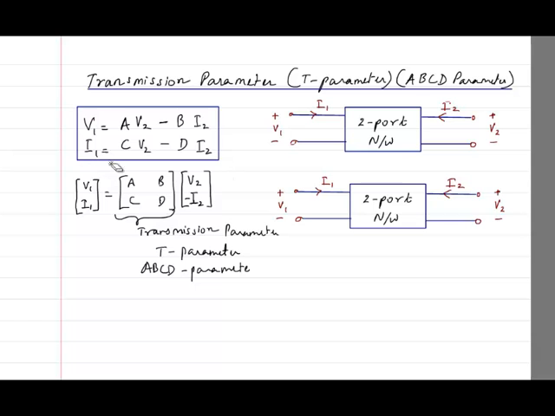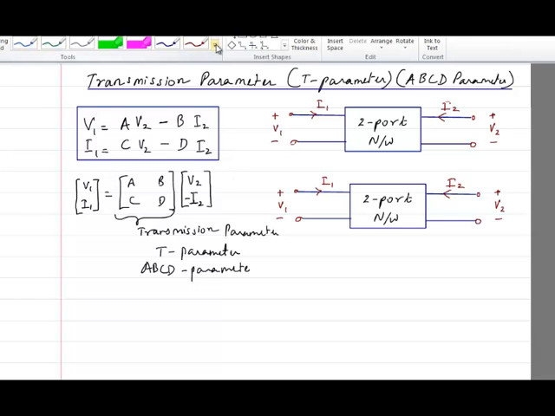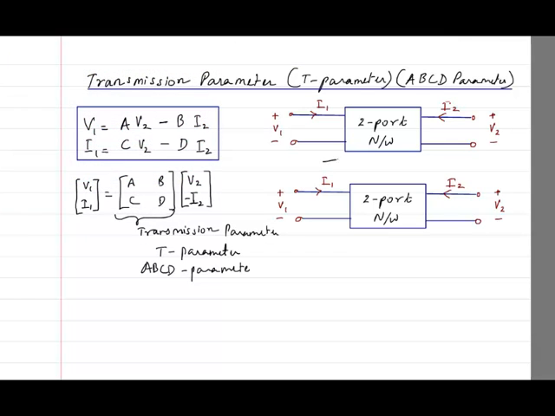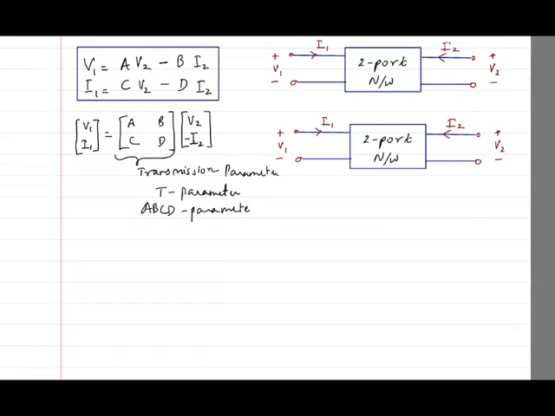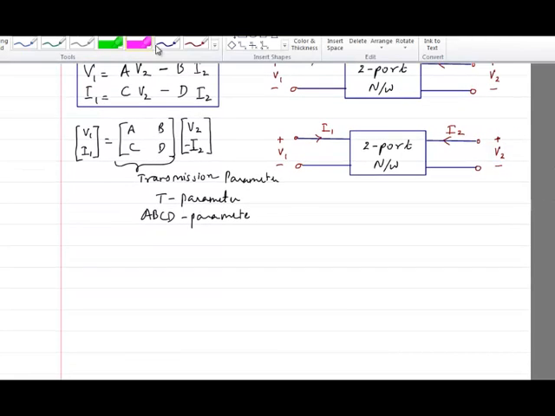Because we are talking about what is going from one end to the other end, we want the current going in the output in this direction. That's why we have taken I2 as negative here, and only for the transmission parameter do we have the minus.